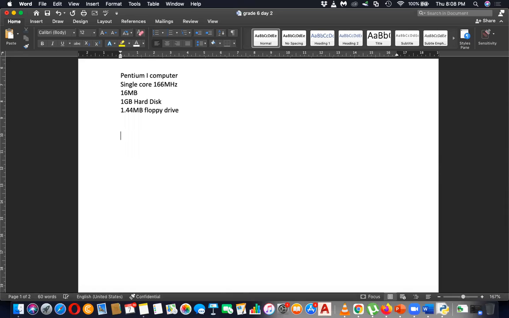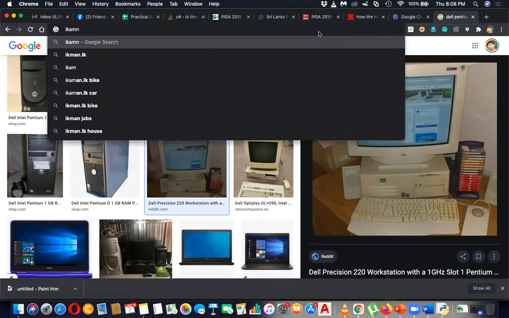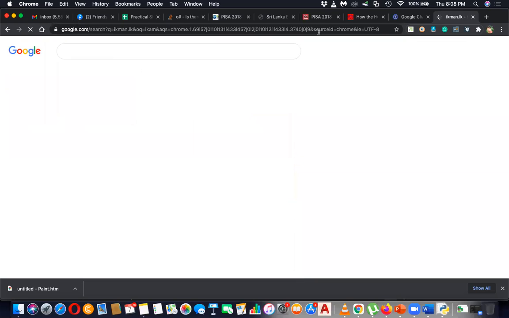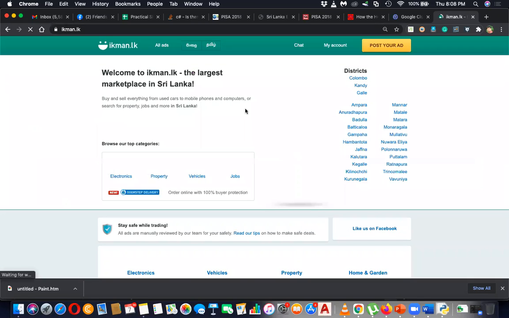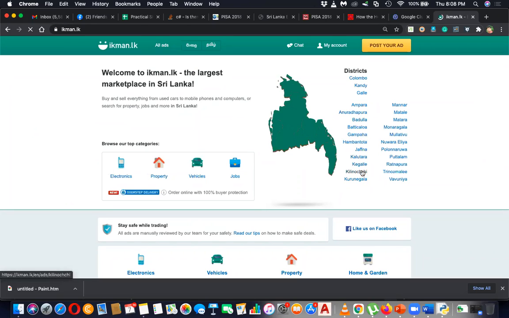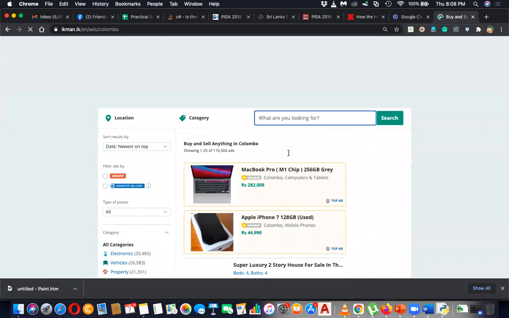But now, if you buy a computer, I'll show you one thing practically. You can go to ikman.lk. There are some used computers for sale. Let's check in the Kandy region, or anywhere in Colombo even. I just need a dual core computer.